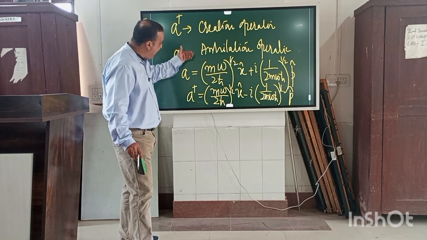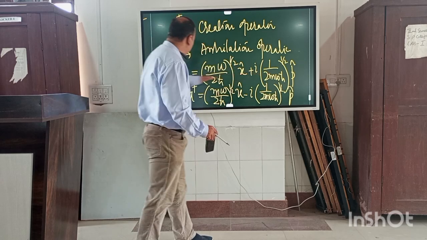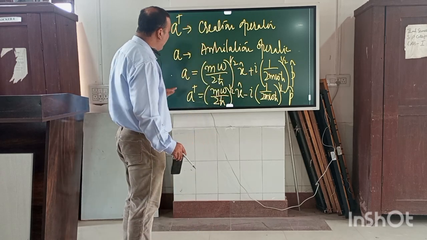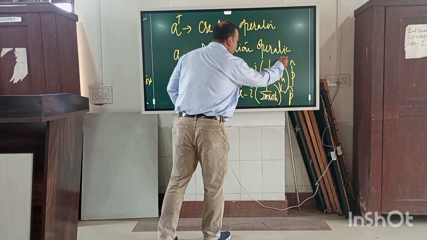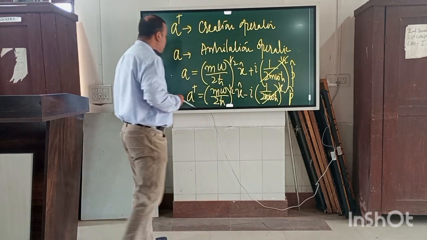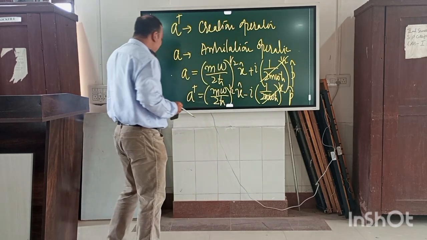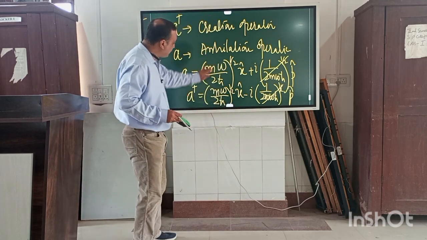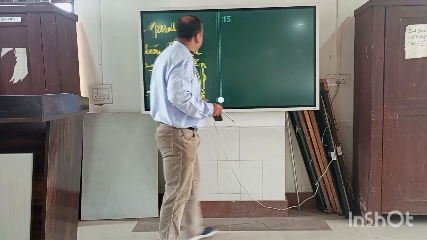And we can see if I add the two equations, suppose this is my equation 1 and this is my equation 2, these two terms will cancel. What will I get?